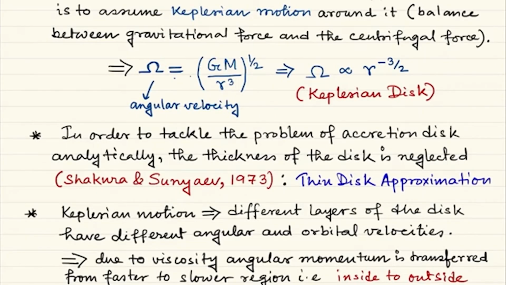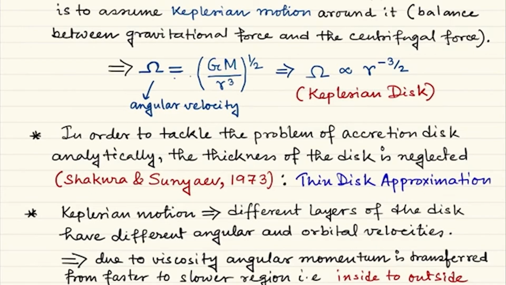You will see that it also has a radial dependence such that it increases when r decreases. So both the orbital and the angular velocities are higher for inward orbits and lower for outward orbits. Now this is the very important point.